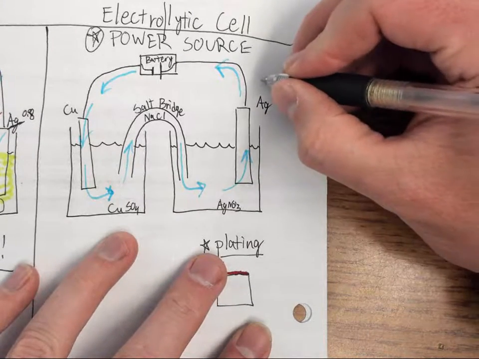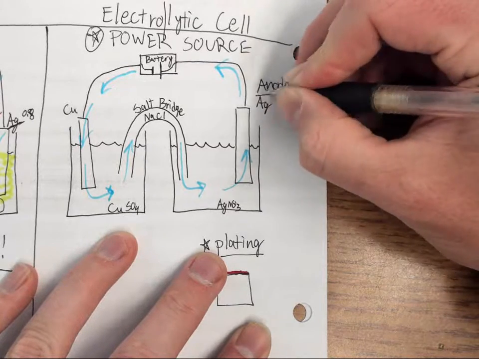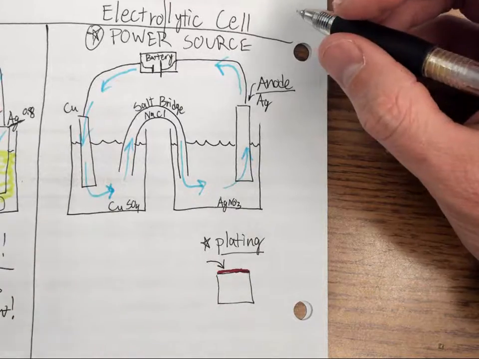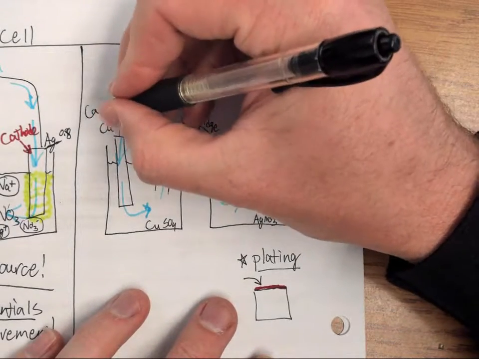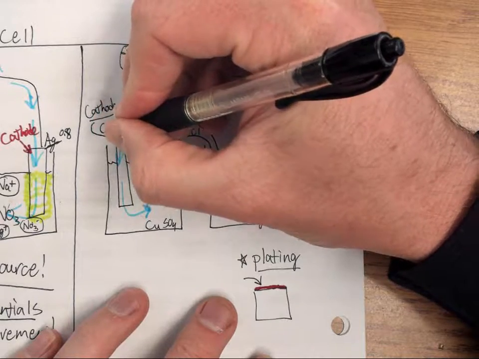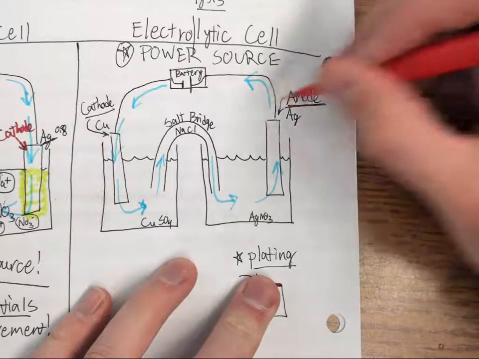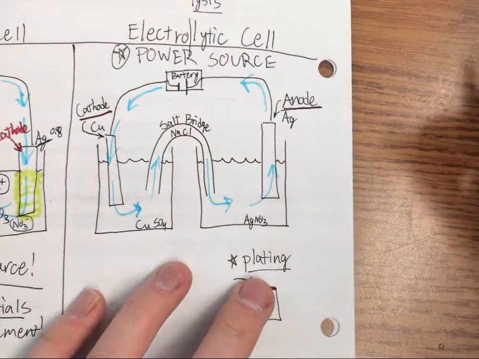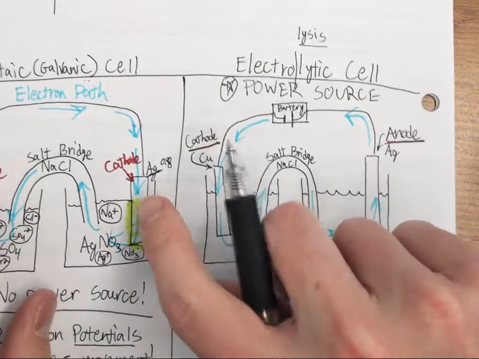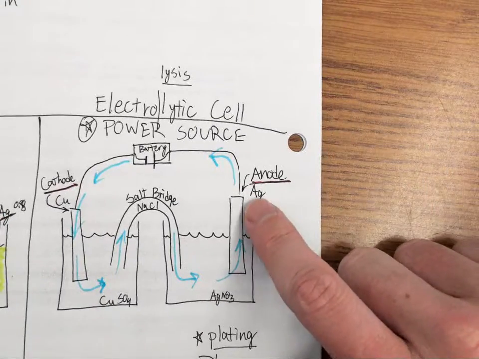There you go. Anode for this side, yep. So the cathode is copper, yep. Anode and cathode. So you see how they switched? In this case there's the cathode, in this case there's the anode.